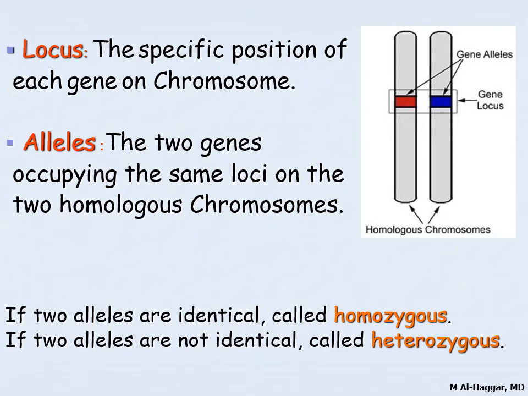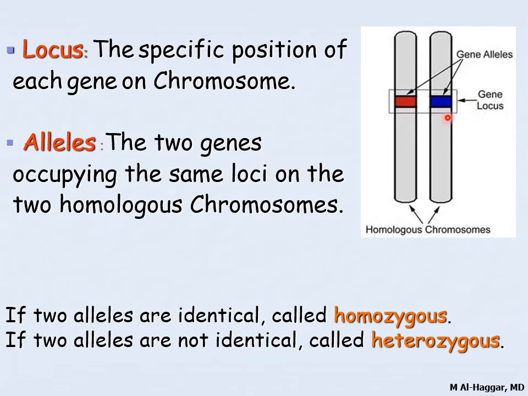Here we have certain terms which we have to mention in order not to be interchanged while talking about genetic terminology. We have the homologous chromosomes, the chromosomes which are identical to each other. We have homologous chromosome number 1, homologous chromosome number 2, etc. So we have the locus. The locus is a part of the chromosome in which the gene is present.